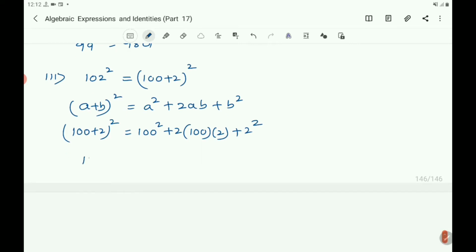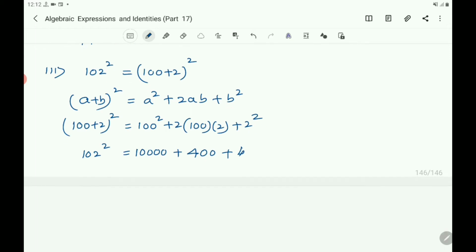Then you write 102 square: 100 square is 10,000, plus 2 into 100 into 2. 2 twos are 4, 4 into 100 is 400, plus 2 square. 2 square is 4, that is 2 into 2.